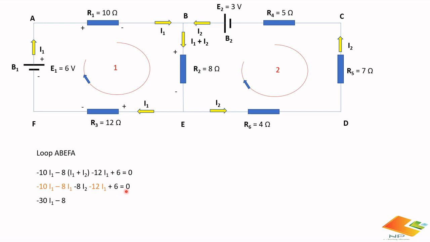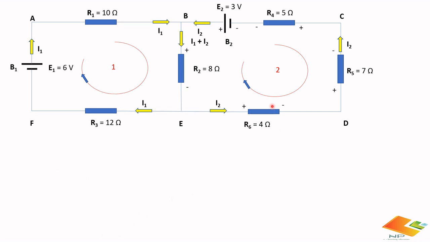Now minus 10 I1 minus 8 I1 minus 12 I1 gives minus 30 I1, and minus 8 I2 as it is, plus 6 equals 0. Taking the minus symbol outside, the equation becomes 30 I1 plus 8 I2 minus 6 is equal to 0. So this is equation number 1.